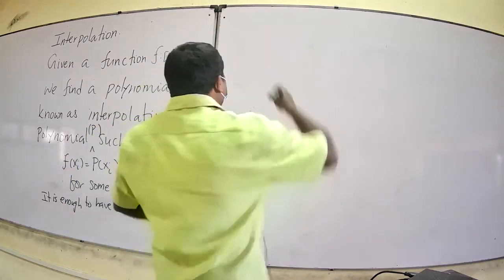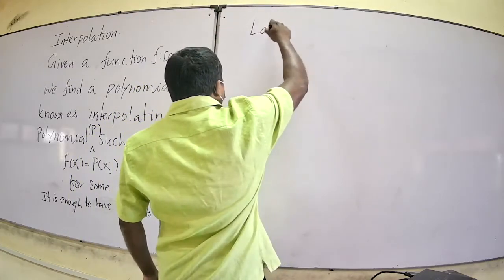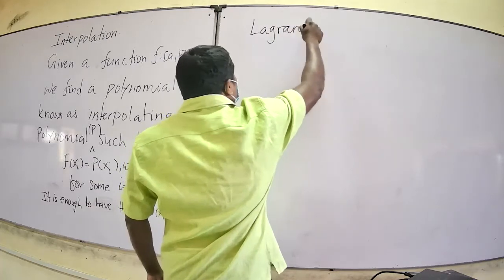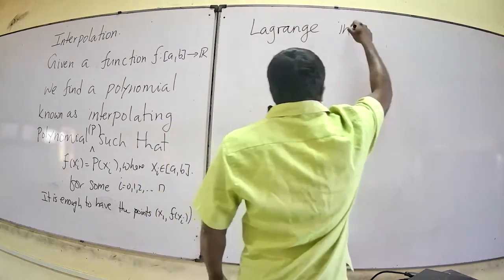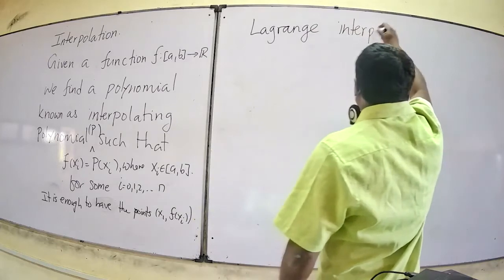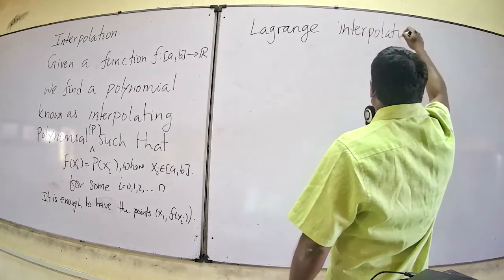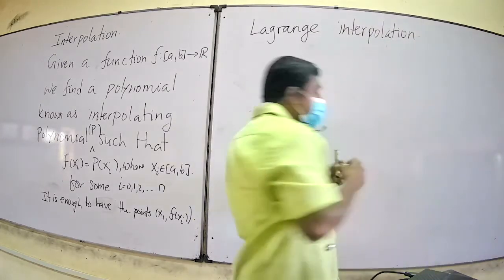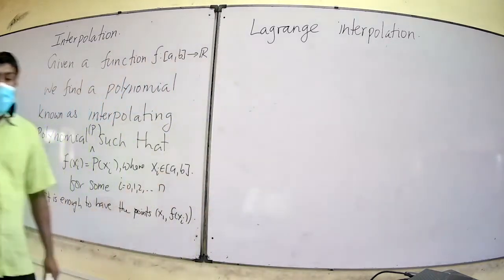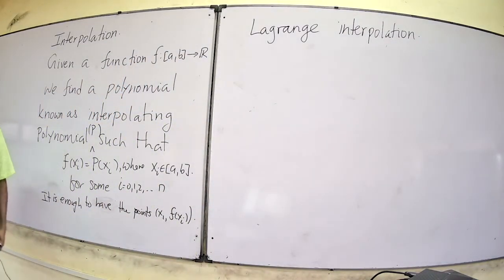So first we will do something called Lagrange interpolation. So we are going to develop a polynomial that will approximate f, or interpolate f on certain knots, right?